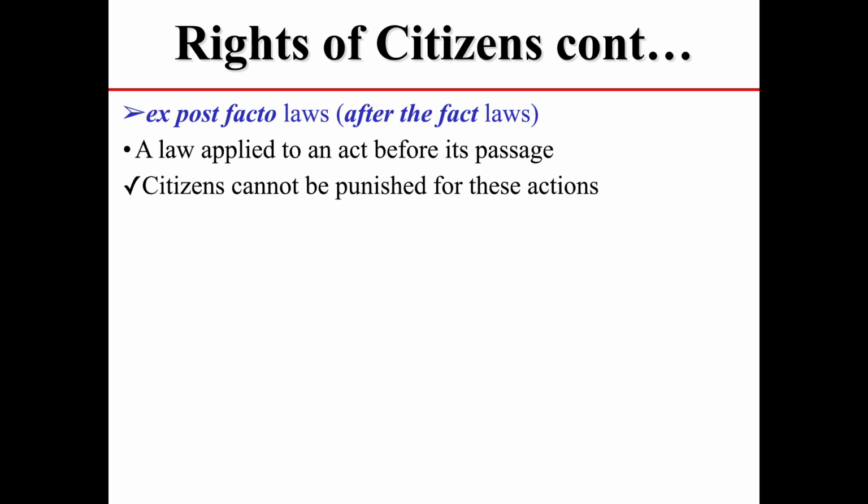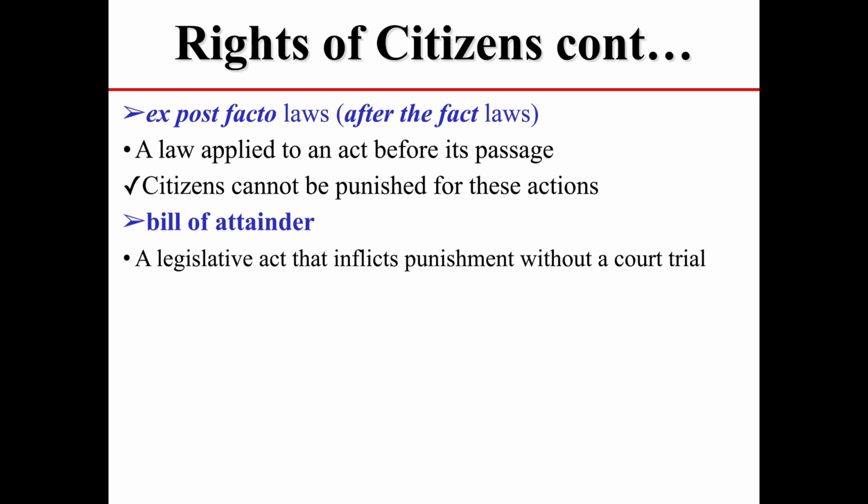Bills of attainder are usually designed to come from a legislative body that inflicts punishment without any court trial. In other words, it's a declaration of guilt. And this is normally not done against an individual. Typically, when you saw these in England, they would declare a group of people guilty of some kind of crime.